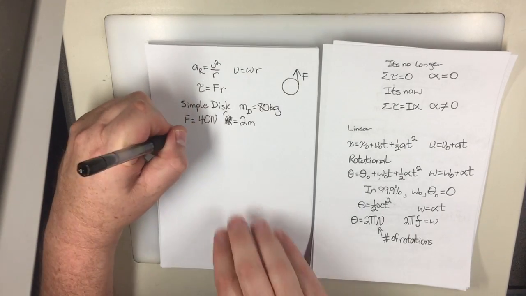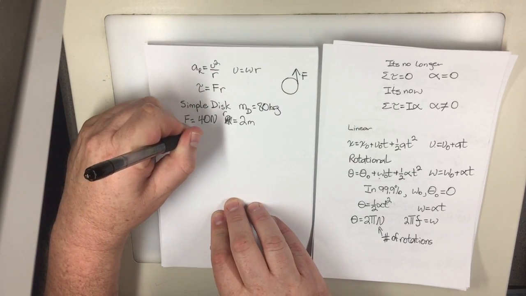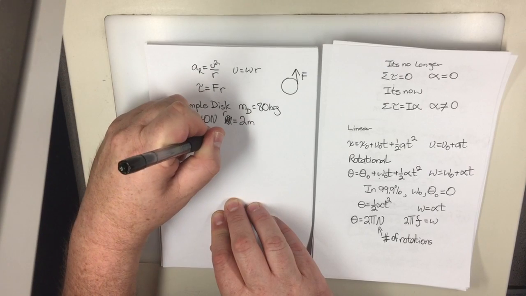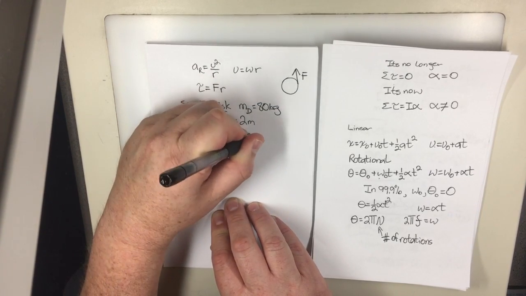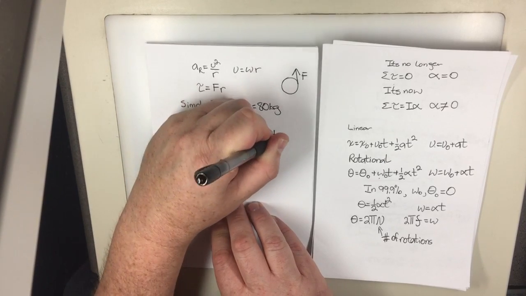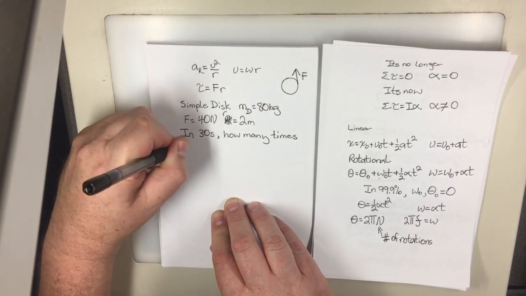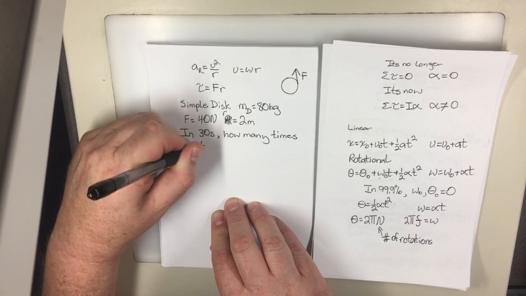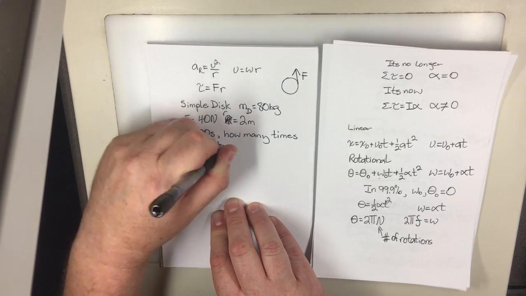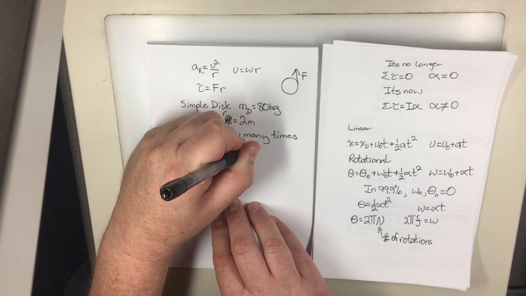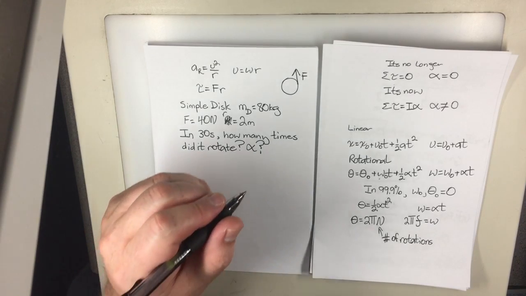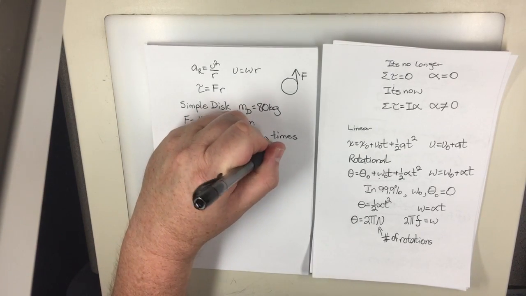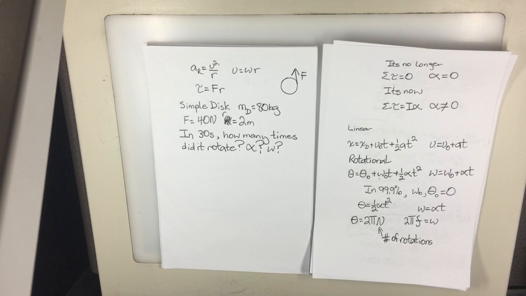I want to know in 30 seconds how many times did it rotate? What is the angular acceleration of the object? What is my final omega?